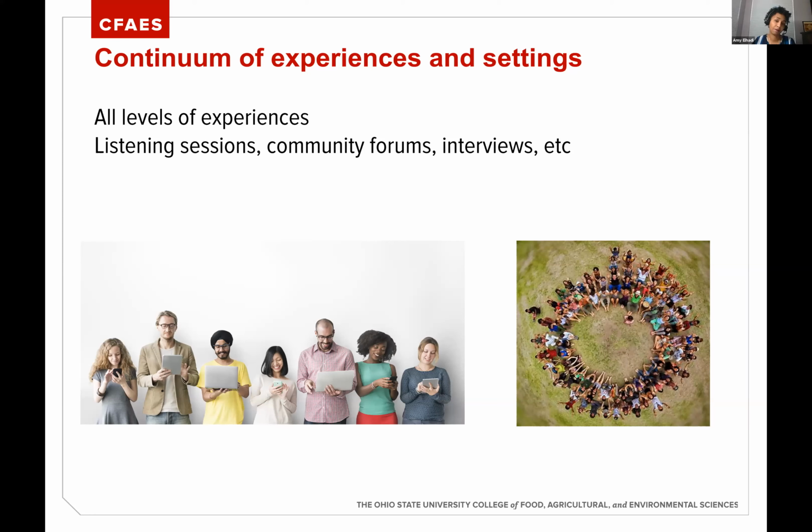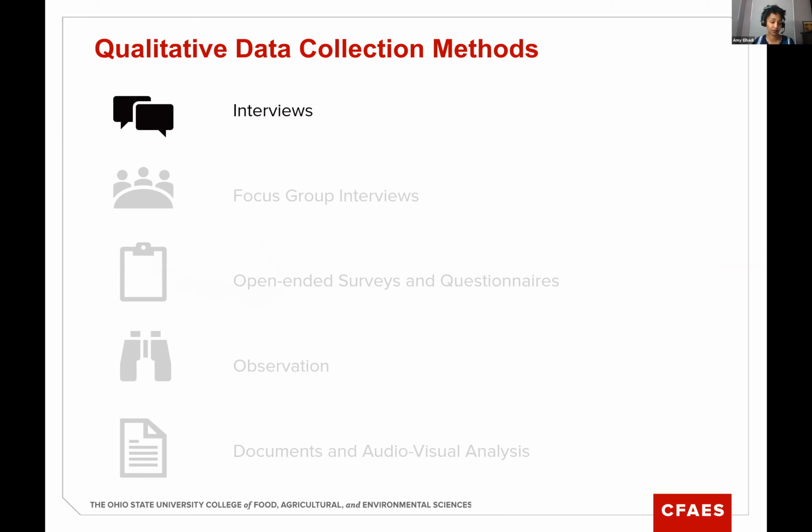All right. I'm not going to go into details about every data collection method because we're focusing today on analysis, but I'll briefly go through the types of data collection methods for qualitative. When we say qualitative, we mean text, words, people talking, telling stories.